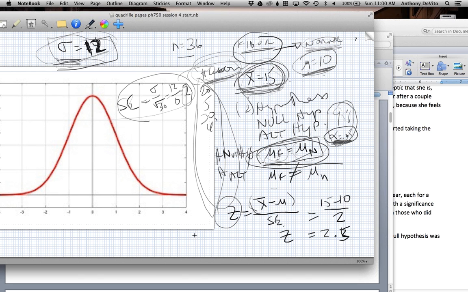You have 2.5 standard deviations apart, these two results. Do you guys think that I can be 95% certain that the two populations are different from one another, given that the z-score is 2.5? How many of you would agree with me? I can say that I'm at least 95% certain that the two populations are that far apart. How many of you guys agree? Yeah, I agree too, right?